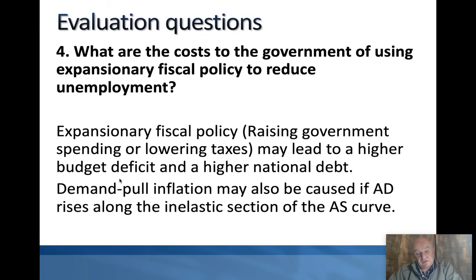It's also an argument to say that if we've got expansionary fiscal policy, so more government spending and lower taxes, then there is a danger that if we're somewhere near full capacity in the economy, we're going to get demand pull inflation, because as AD rises along the inelastic section of the AS curve, where we're at full employment or relatively close to full capacity, that is going to create demand pull inflationary pressures, and clearly that is a target of the government and the Bank of England to try to control.